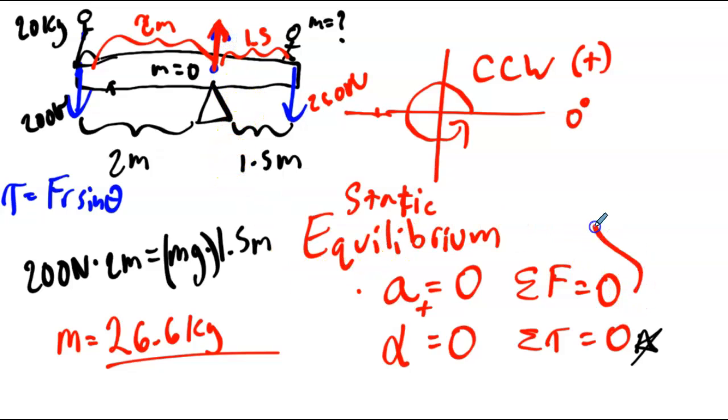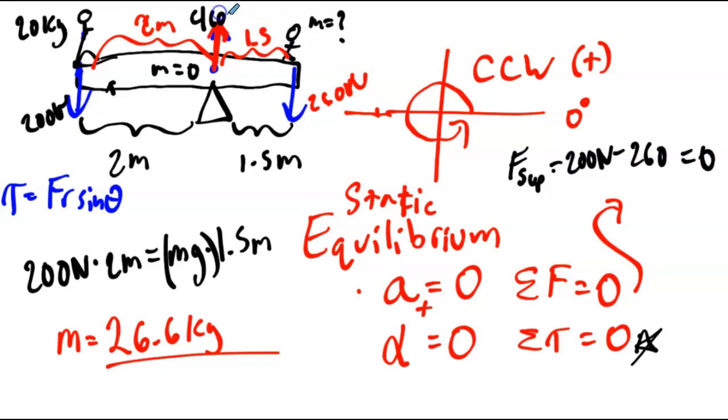I go back to my sum of forces has to be 0. Let's call the upward force the support, minus 200 newtons minus 260, because those are both downward forces, has to be equal to 0. The support force has to be 460 newtons.